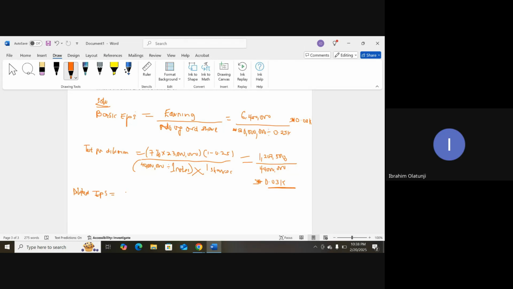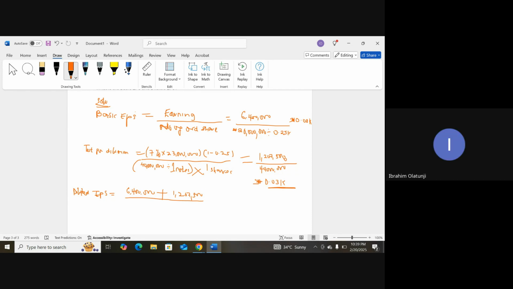the earnings for basic EPS, plus the interest savings net of tax on convertible loan notes, which is 1 million 207,500, divided by the number of ordinary shares for basic EPS.